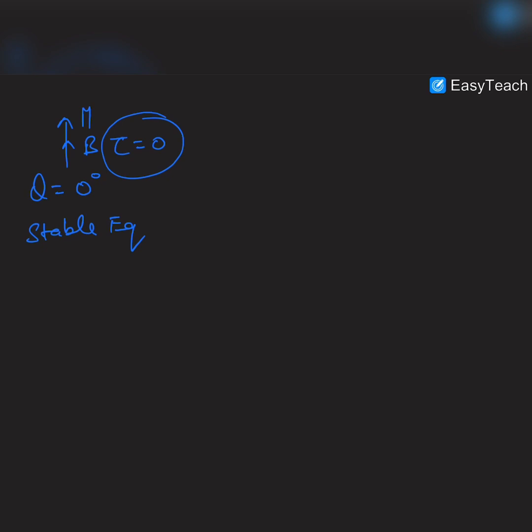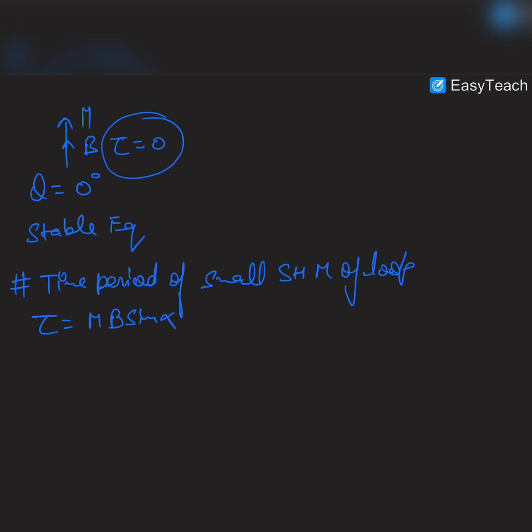So if we find out the time period of small SHM of the loop, then obviously we know that torque is m B sin alpha, and for small angles torque will be equal to m B alpha, and torque is equal to I alpha, where this alpha is angular acceleration, equal to omega square theta, where theta in this case is the angle alpha.